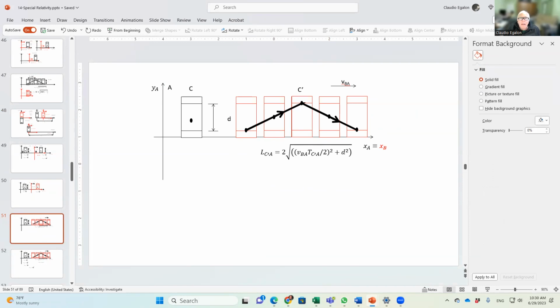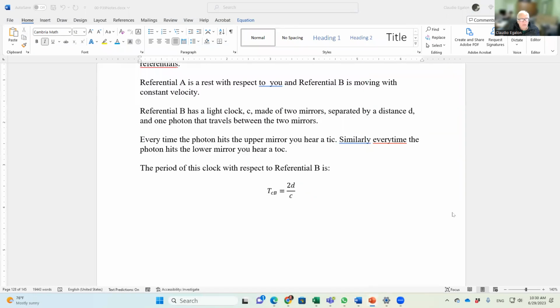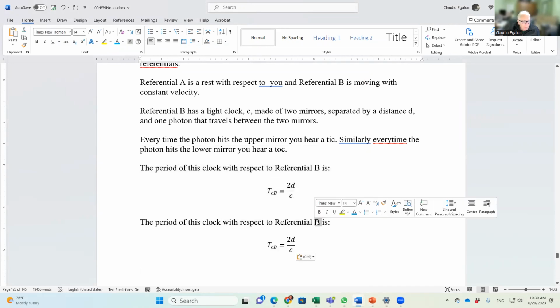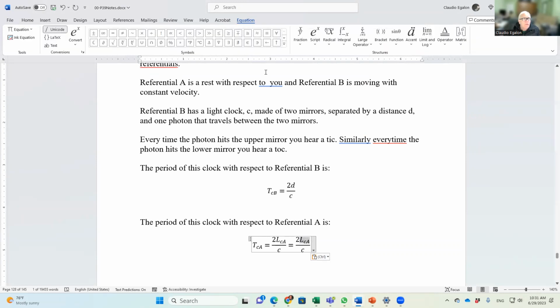So let's do that. I'm going to put here aside the period of this clock with respect to referential A. A is going to be twice the distance that the photon travels with respect to referential A. And this distance is going to be the hypotenuse of our right angle triangle.